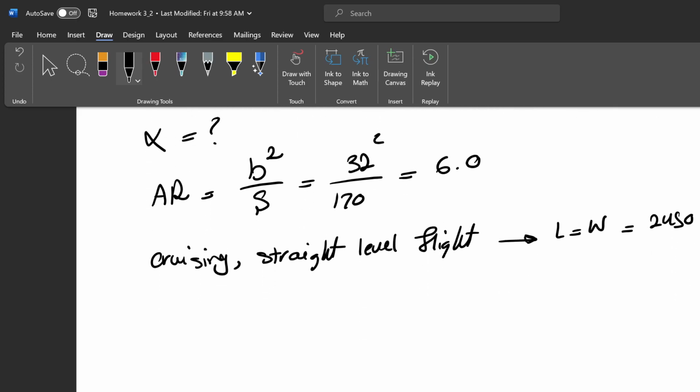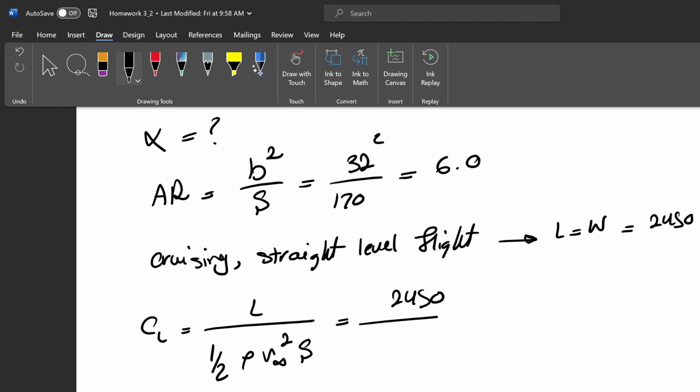We can actually find, for this specific case, CL as lift divided by 1/2 rho infinity V infinity squared multiplied by the area. So for lift, we have 2,450 pounds, 1/2. For density, we have 0.002377 slugs per cubic feet multiplied by our velocity, which is in miles per hour.